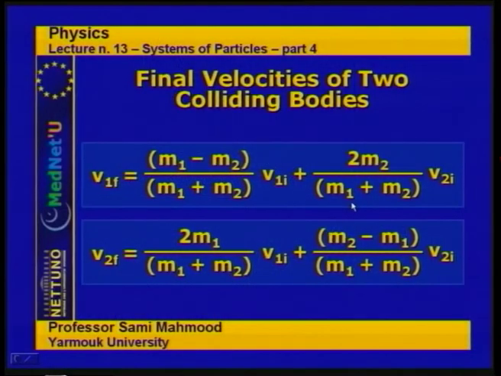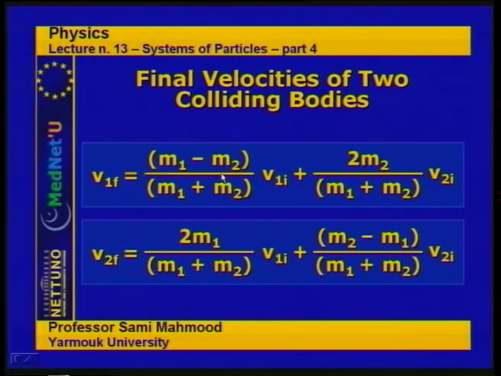Now, if we apply this to v1 initial to see what v1 final is after impact, what the velocity of the projectile object is after impact, in this case we have assumed that v2 initial is 0. That means the second term in this equation drops down.